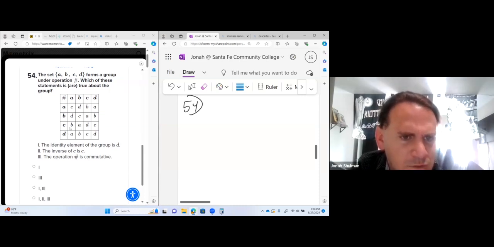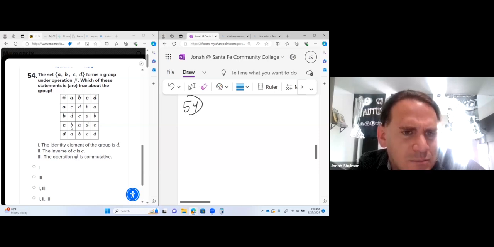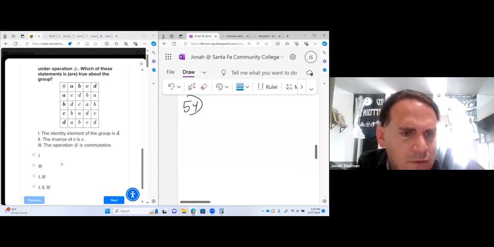I don't think the inverse of C is C. Oh, so this is if I have A and B. Okay, so A times C is B. Is A times B C? A times C is A and A times. I don't like that one.